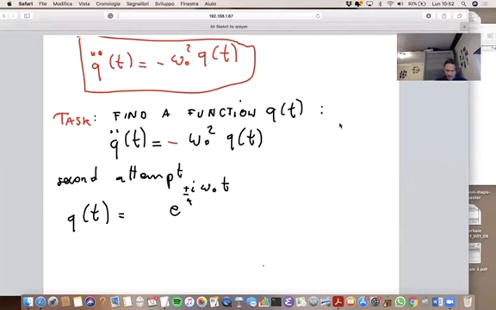When I take the second derivative of this function with respect to time, regardless of whether I use plus or minus in the exponent, it doesn't really matter, because if I was using plus, I get 1 times 1 is 1. But if I was using minus, I would get -1 times -1, which is again 1.